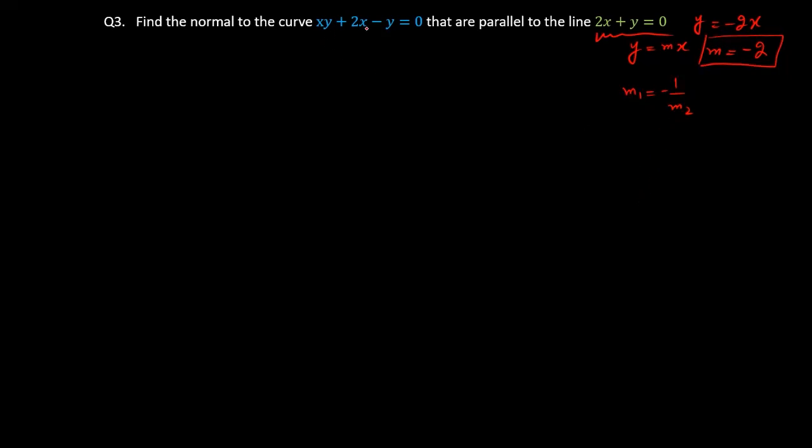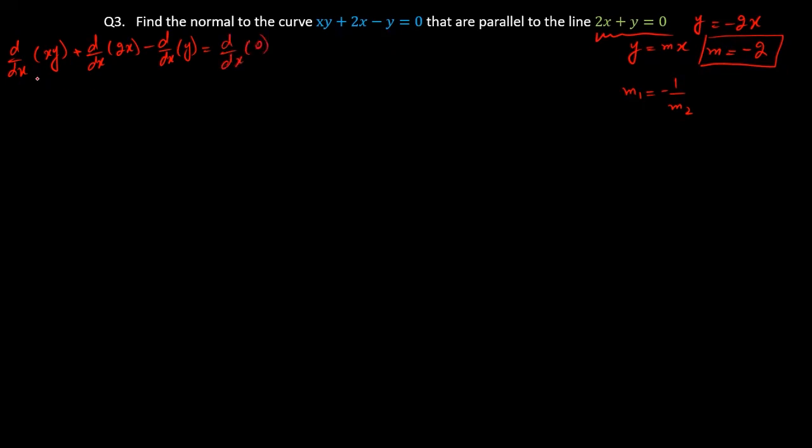So let's differentiate this curve. This is an implicit equation, and we'll use implicit differentiation to compute dy by dx. So apply d by dx on xy plus d by dx on 2x minus d by dx on y, and the right hand side is 0, so d by dx of 0.